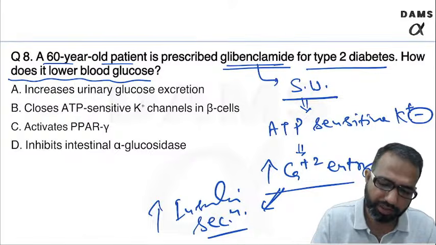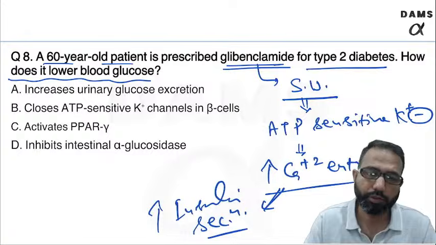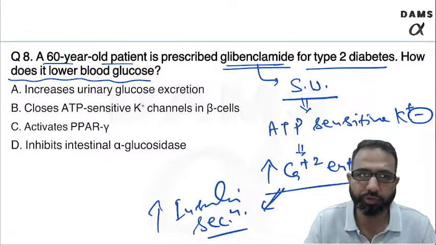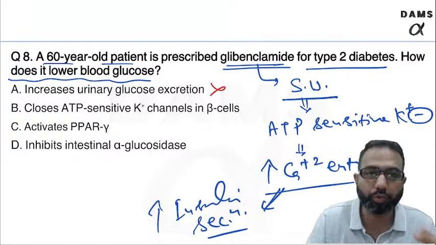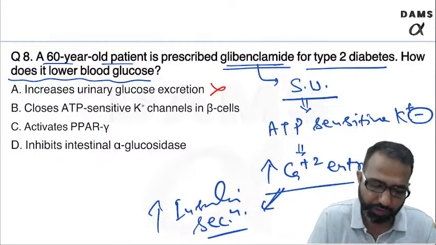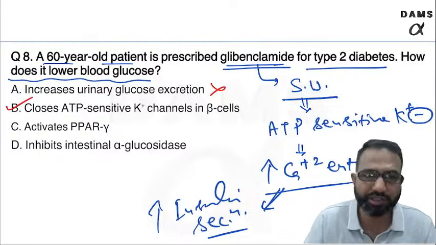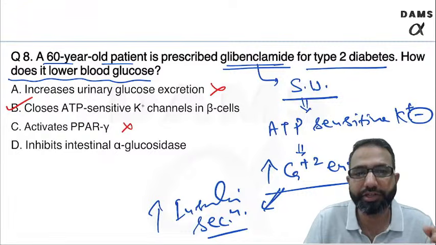So in antidiabetic drugs, the mechanism is very important. Mechanism and adverse effects, mainly these two things are asked in diabetes. Does it increase urinary glucose excretion? No, that is the SGLT2 inhibitor, sodium glucose transporter 2. It closes the ATP sensitive potassium channel, yes. It activates PPAR gamma, no, that is pioglitazone.